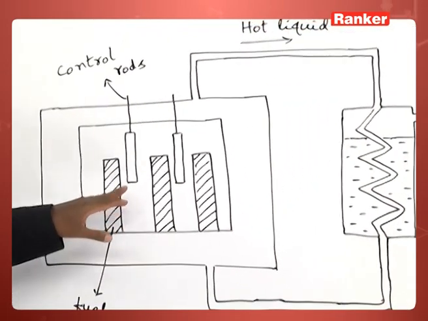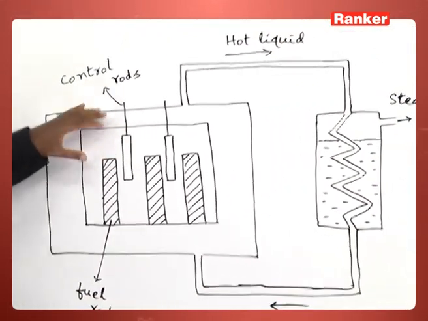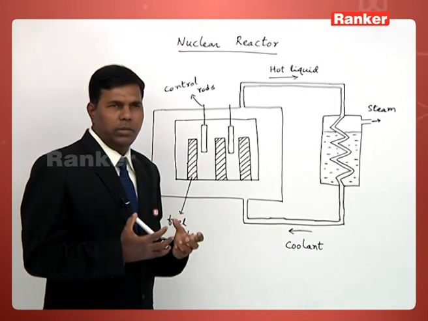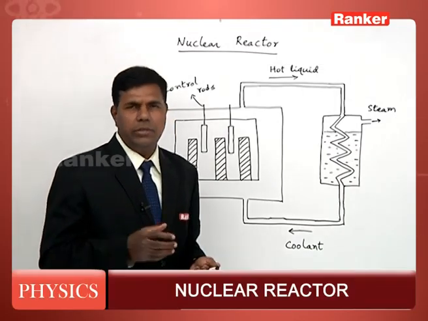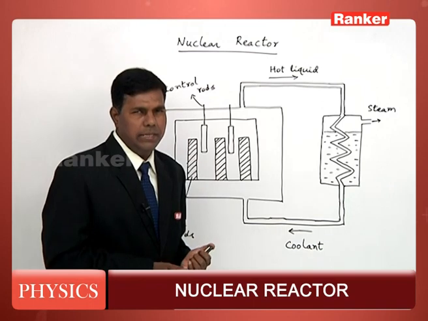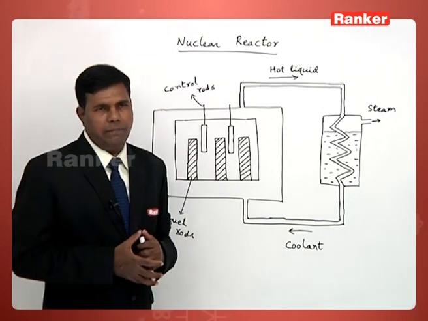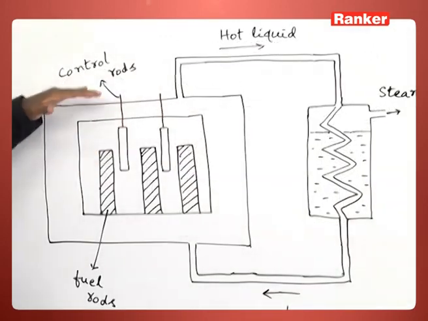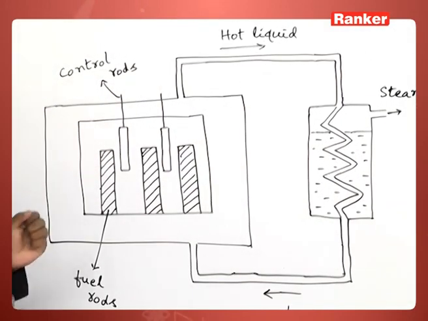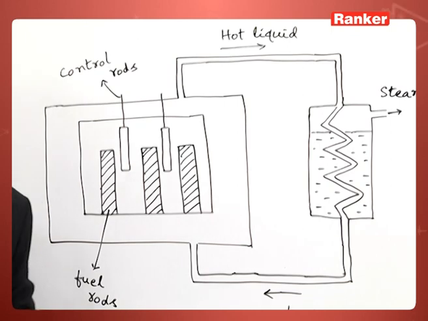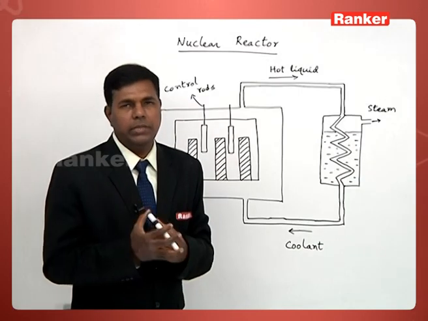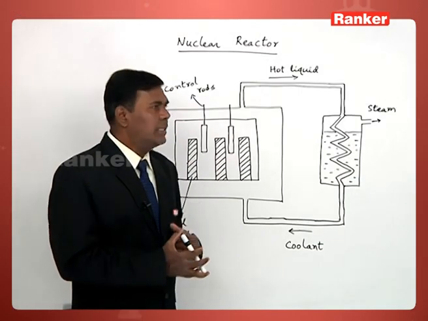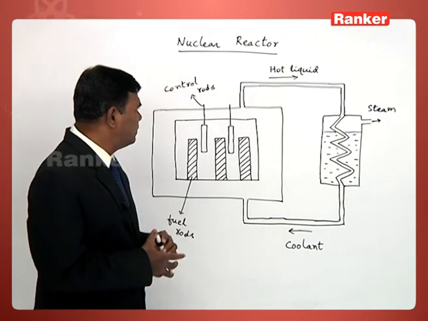On the other hand, if the control rods are moved outside, more and more neutrons are emitted, and the chain reaction continues producing more and more energy. So depending on your requirement of electric power, the control rods can control the number of neutrons, thereby controlling the chain reaction in the reactor. That's the purpose of control rods.